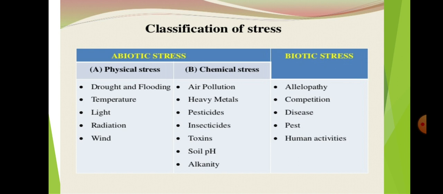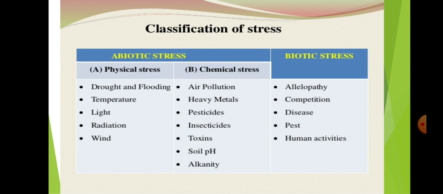Abiotic stress is again divided into two kinds: the stress caused by physical factors and the stress caused by chemical factors. These are called physical stress and chemical stress, and the other class is biotic stress. Generally, abiotic stress means the stress caused by non-living factors, that is, physical and chemical factors. In physical stress, the stress may be caused by drought and flooding conditions.